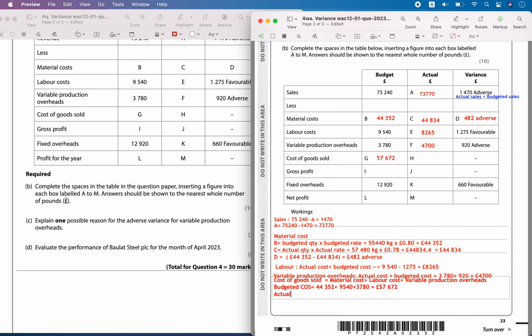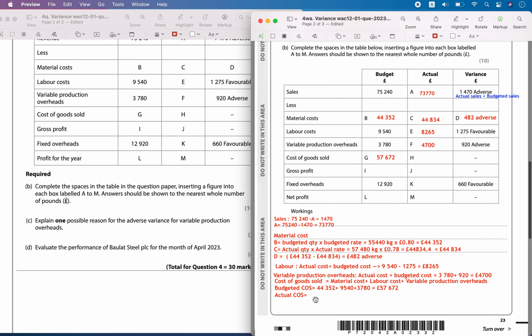Next one, actual, we will calculate. For actual COS, it is equal to 44,834 plus 8,265 plus 4,700, that is going to be equal to 57,799.